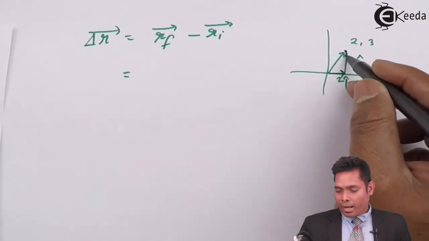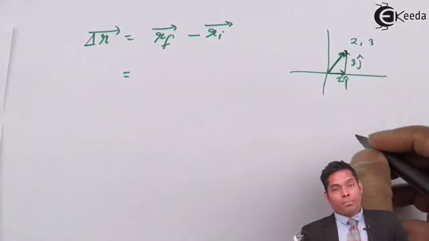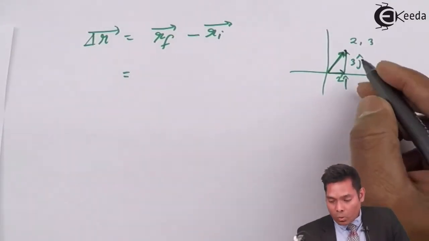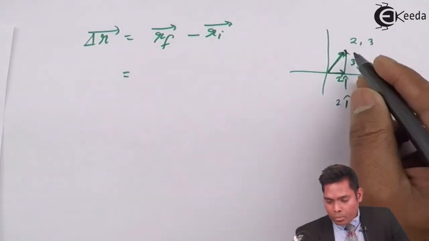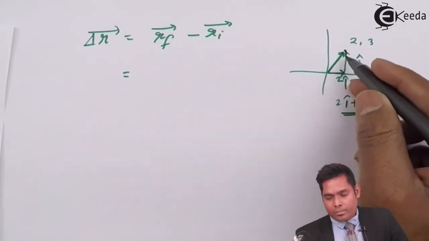If I add these two vectors, I get this vector. That means if a point's coordinates are known, you write 2 i cap and 3 j cap, add them, and that is the position vector.